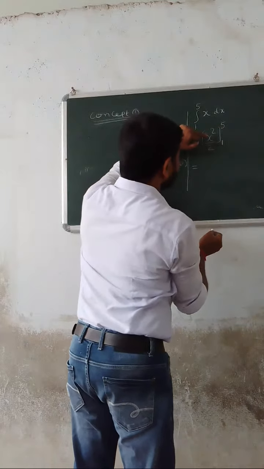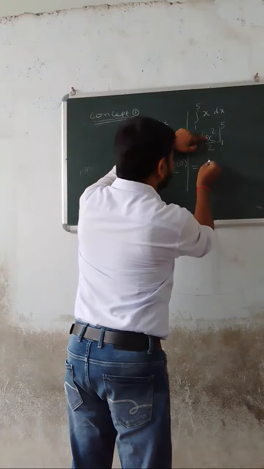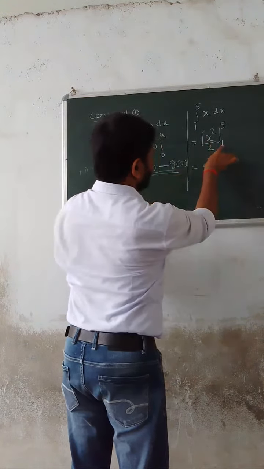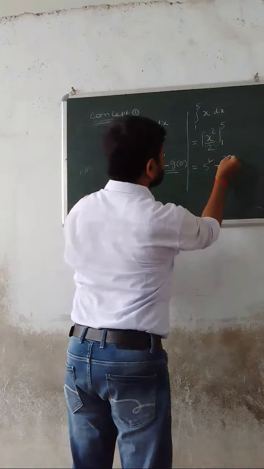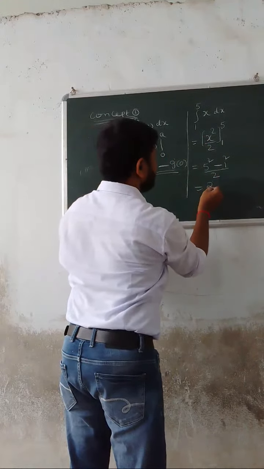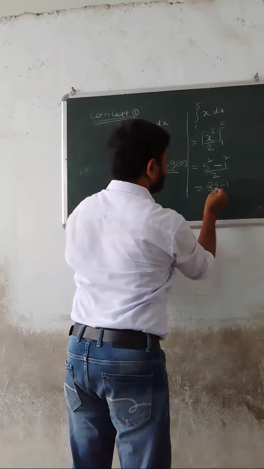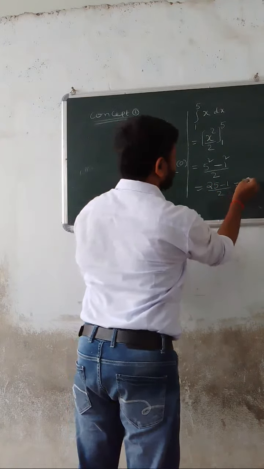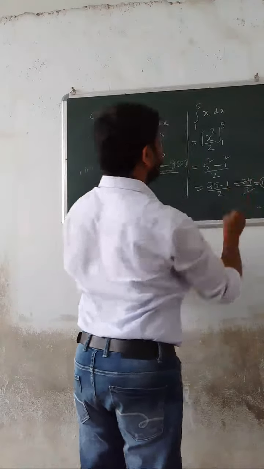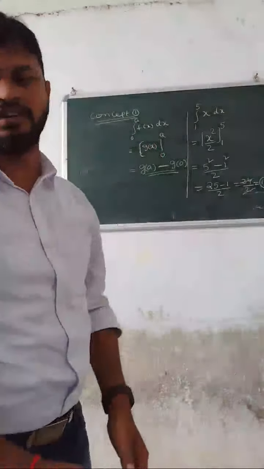Now put x: 5 square, now put minus, now 1 square by 2. 5 square is 25, 1 square is 1, by 2. That is 24 by 2, that is 12. This is a definite integration.